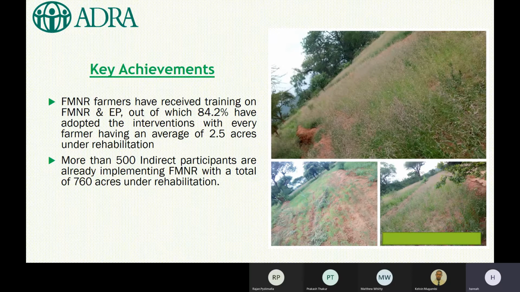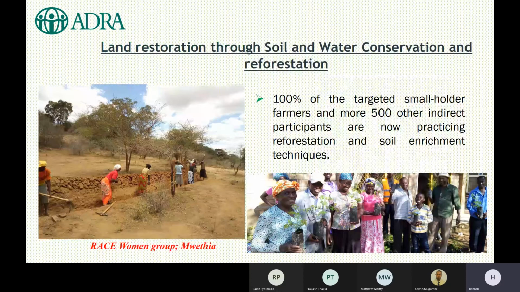And more than 500 indirect participants are already implementing the FMNR strategy with a total of 760 acres under rehabilitation as we speak. Now, concerning land restoration through soil and water conservation and reforestation, about 100% of the targeted smallholder farmers and more than 500 other indirect participants are currently practicing reforestation and soil enrichment techniques.